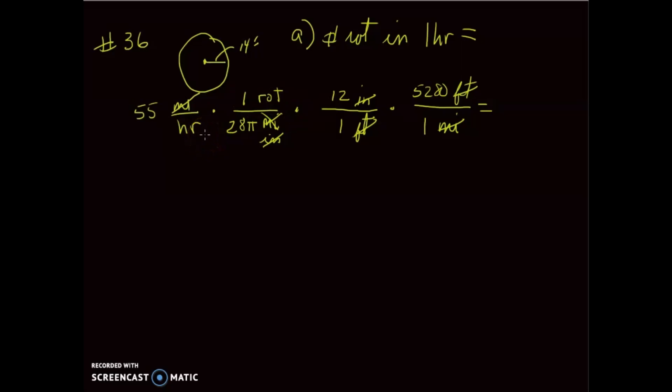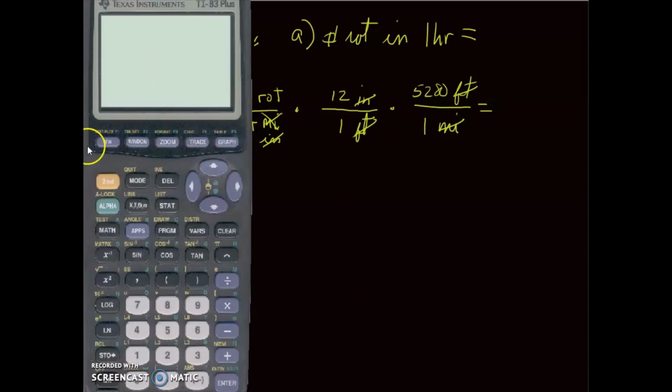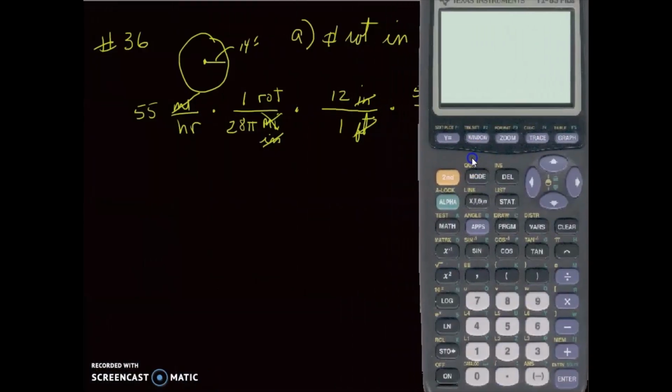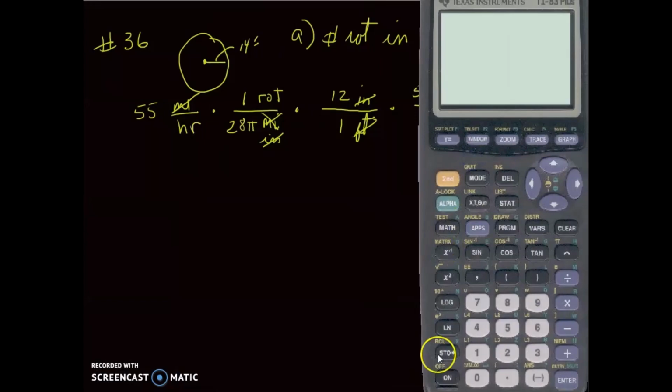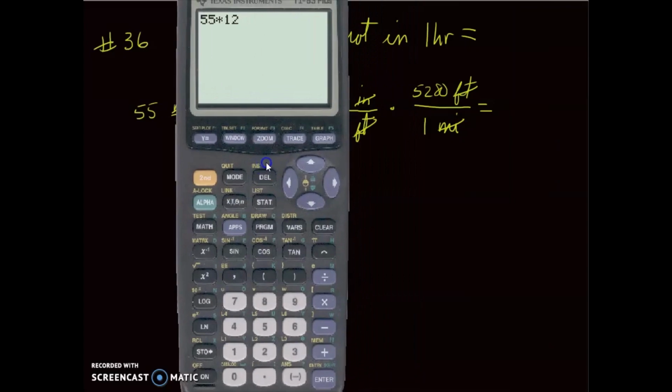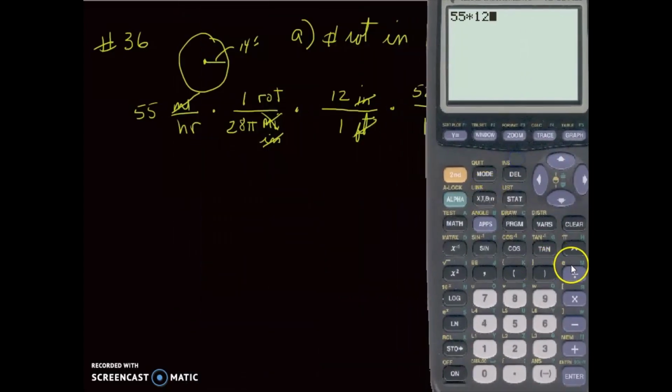Let's see what that is. We got 55 times 12 times the 5,280.